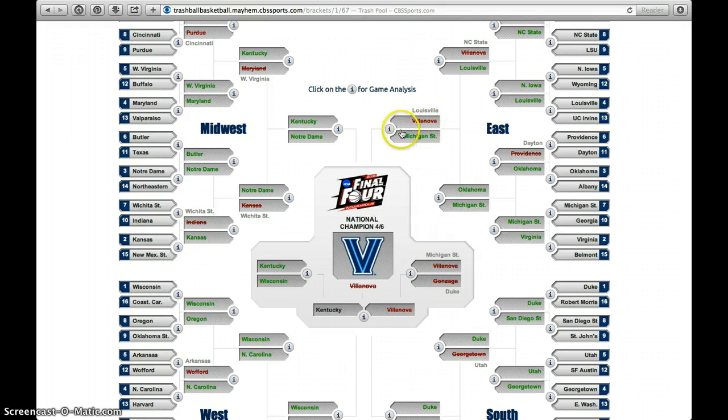And here we saw that Michigan State, while I predicted they would play Villanova, they actually played Louisville, okay, and Louisville is a number 4 seed. Again, we're going to predict that Louisville, as a number 4 seed, would beat Michigan State, a number 7 seed. However, Michigan State won that game to make it to the Final Four, okay?